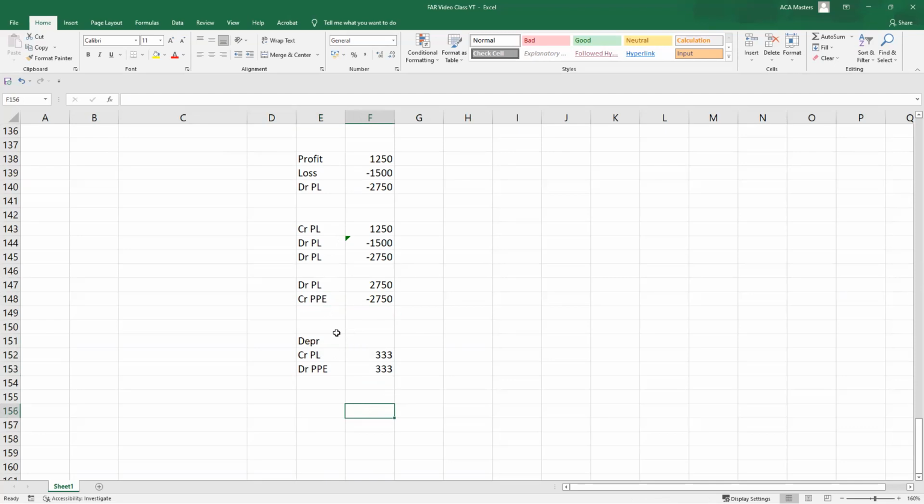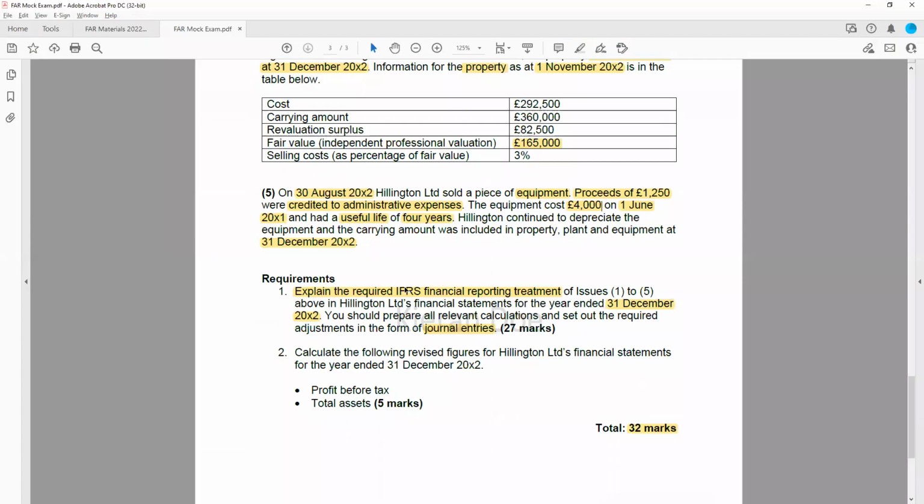Or you could think of it as, the PPE at the year end isn't at its date of disposal carrying amount, it's at the year end carrying amount, because they continued to depreciate it. So we need to get it back up to what it was at the date of disposal, before that additional depreciation. Again, that's probably quite a tricky point to get your head around, but if you played around with the numbers, you'd see how that works.